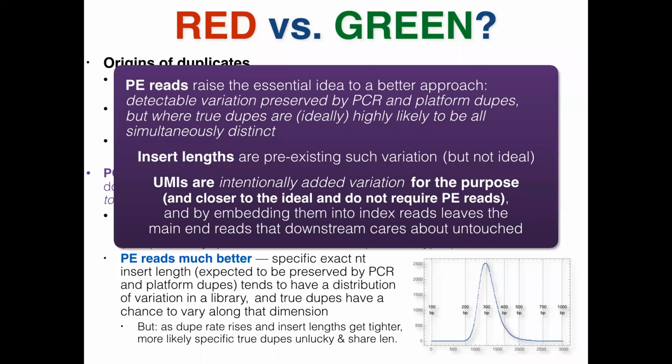The idea of UMI. Why don't we introduce intentional variation to attack this problem? A natural place to put it is in the indices, because then they don't interact with the main reads at all. It's something that can happen during the library prep, doesn't interact with the main reads at all, so it's easily insertable into most protocols.